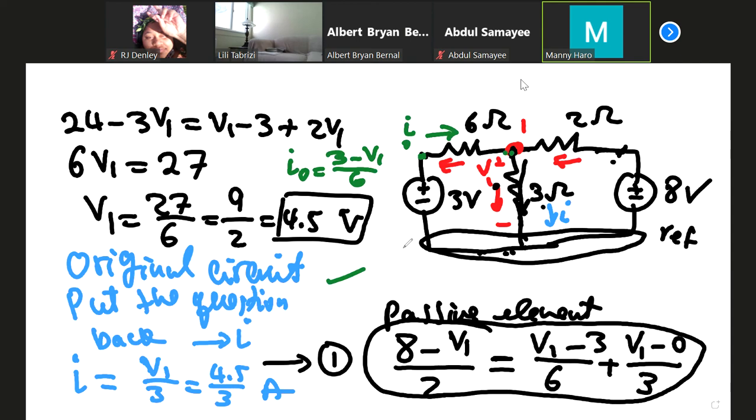You said that we don't have to assign polarities for this method. For this method, for a passive element, you assign current only, and you only apply voltage to nodes. So when we connect the essential node to ground, that's when we write a voltage direction, only for that? Yes, polarity.